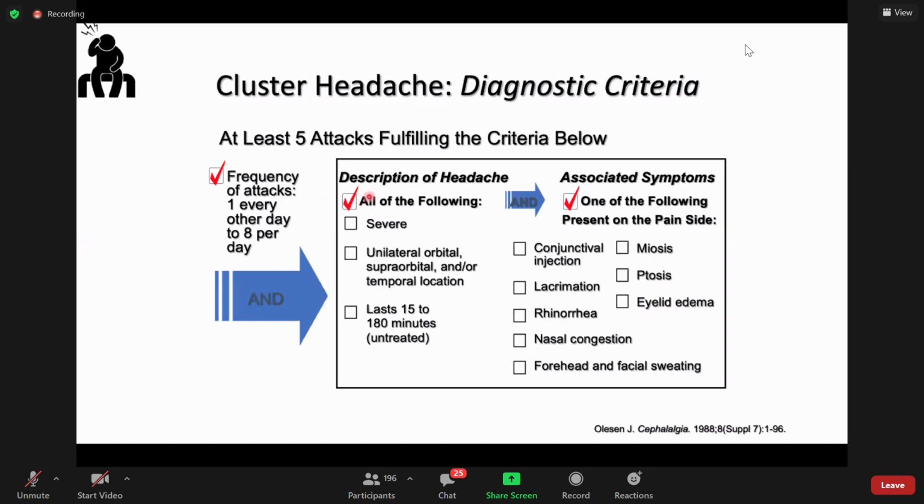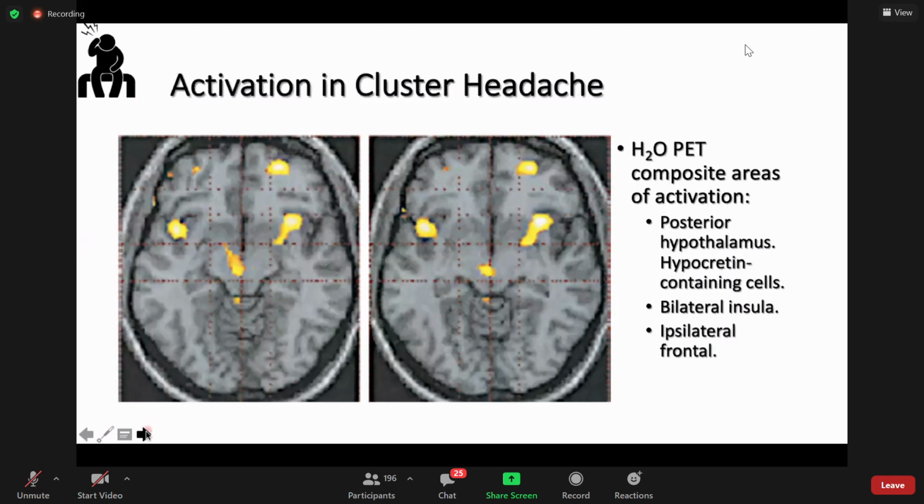So the description of the headache has to be severe, unilateral, orbital, and may last 15 to 180 minutes if untreated. One of the associated symptoms is sufficient to call it cluster: conjunctival injection, lacrimation, rhinorrhea, etc. The generator for cluster headache is thought to be different from the generator of migraine.